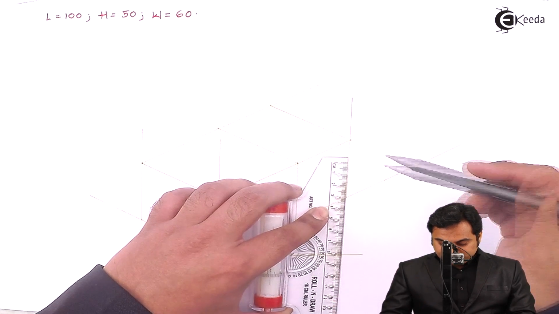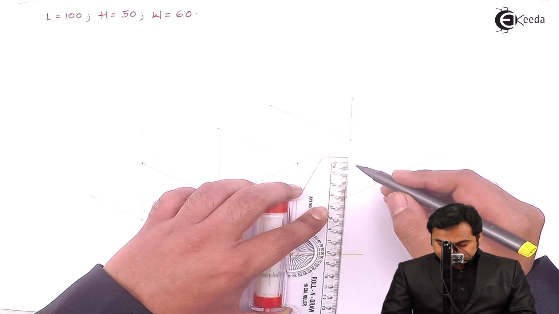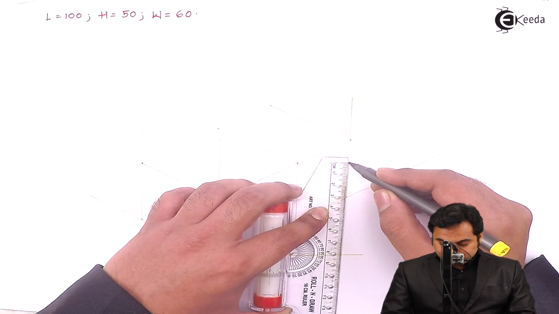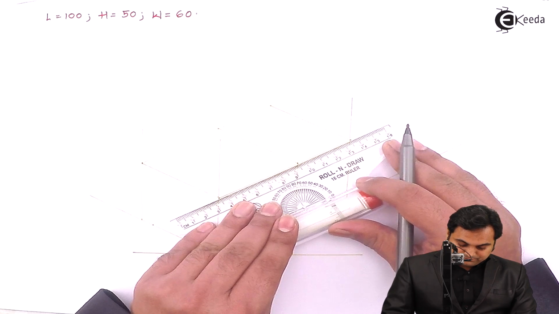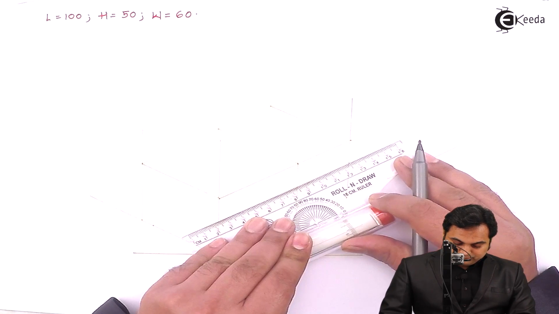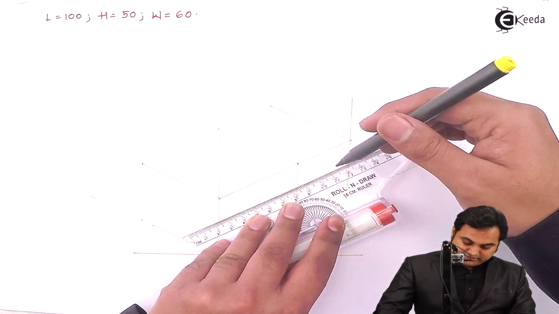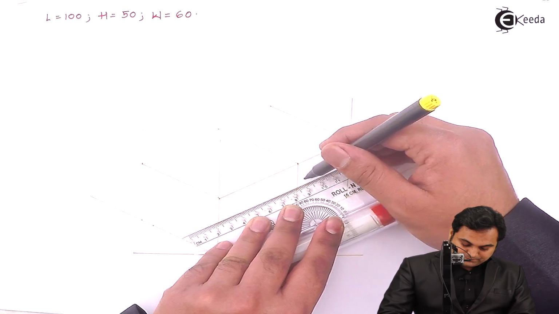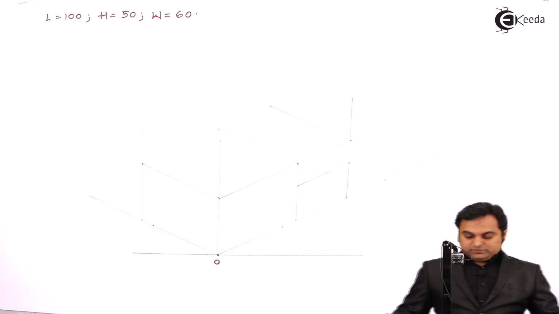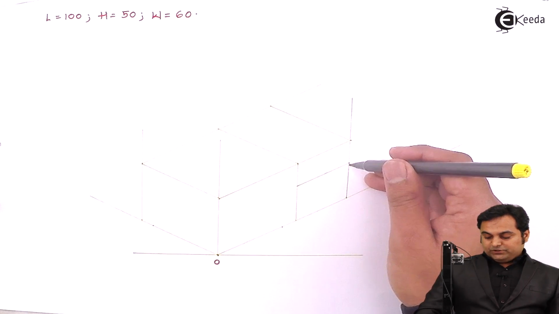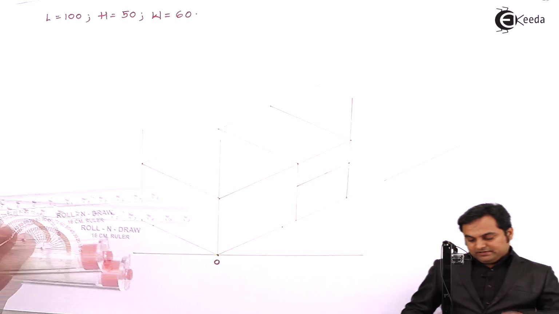So measuring the 30 mm height. Projecting it light. Then through this point I am drawing a line parallel to the width.